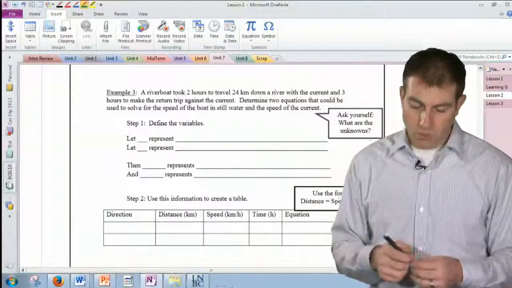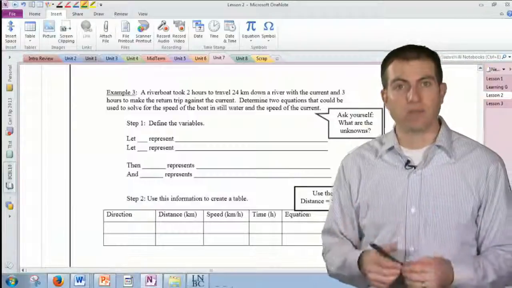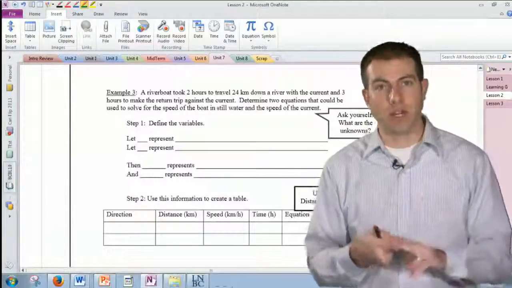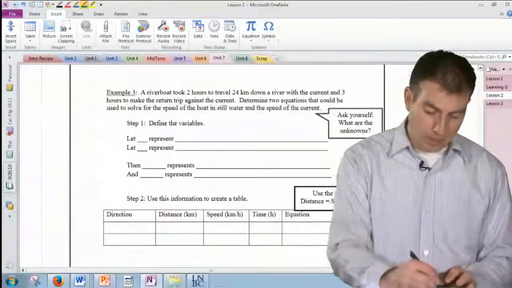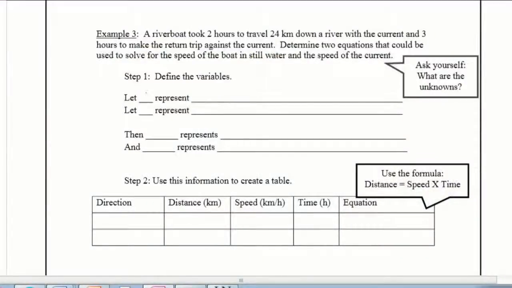So we need to figure out what the unknowns are. The speed of the boat and the speed of the current. That's what the question explicitly asks us to find. So if we need to come up with letters to represent these things, I'm going to go with B for speed of boat, and I'm going to write in still water.